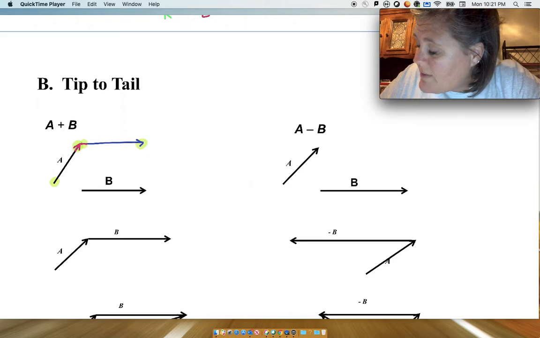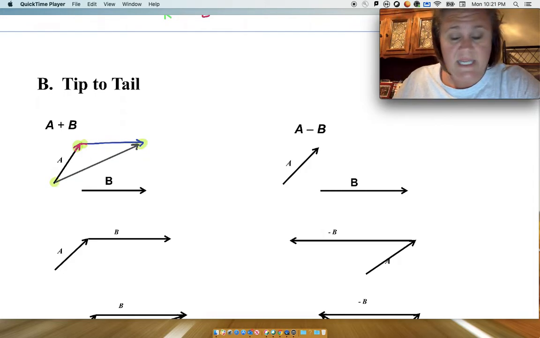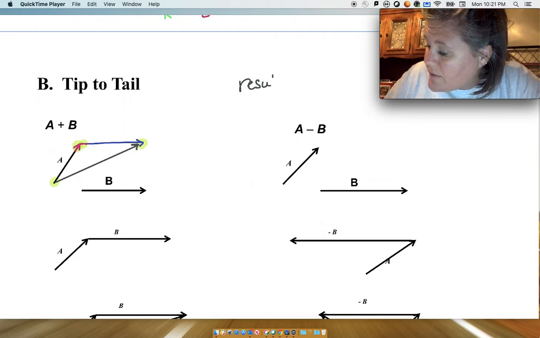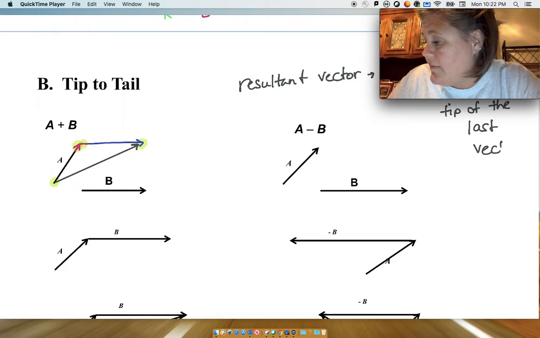And then the resultant vector is going to go from the tail of the first to the tip of the last vector.